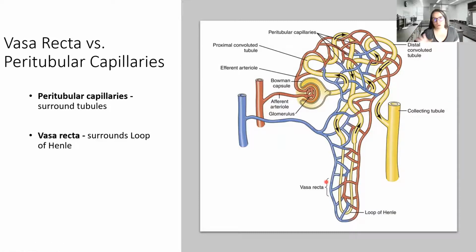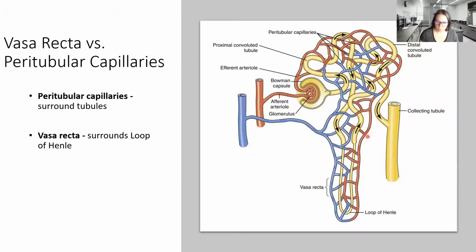So the tubules that are in the cortex, these are the ones that are going to surround the proximal and distal convoluted tubules. They are the peritubular capillaries. The ones down here that are going around the loop of Henle, those are called the vasa recta. And the reason I really emphasize the difference here is physiologically, they have very different roles when it comes to urine formation.